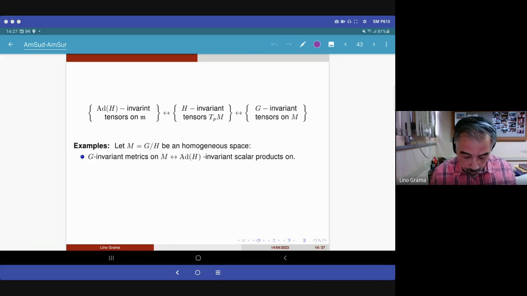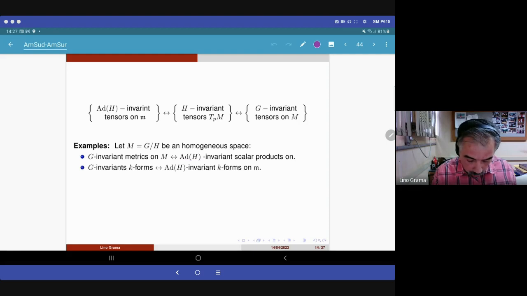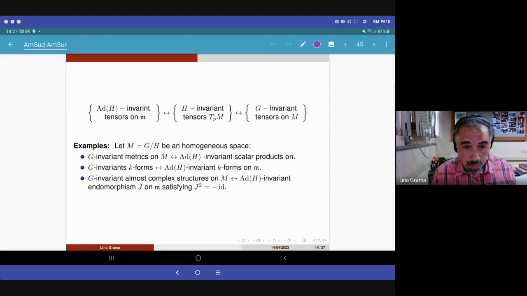For instance, on a homogeneous space, G-invariant metrics are in one-to-one correspondence with scalar products on this subspace invariant by this action. K-forms is the same. Invariant almost complex structures are endomorphisms on this space satisfying this condition, and invariant by this action. Okay, etc. Okay.